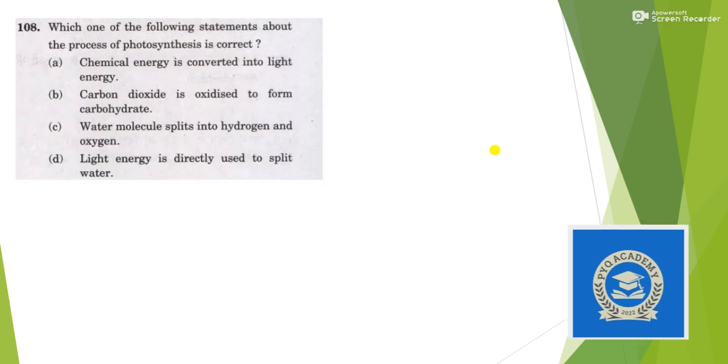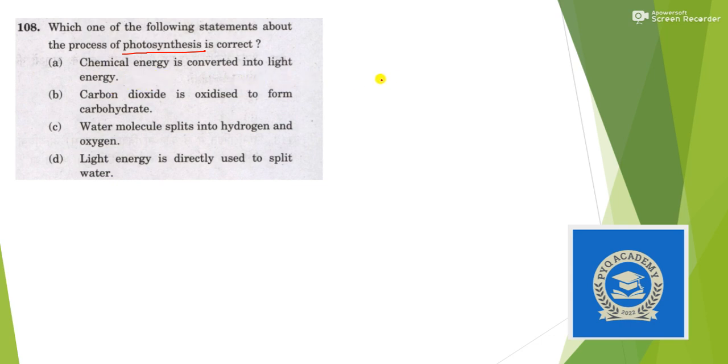Which one of the following statements about the process of photosynthesis is correct? I didn't take any reference because this is one of the easiest questions related to photosynthesis. Let's go through the options. First option: chemical energy is converted into light energy. Is it true?